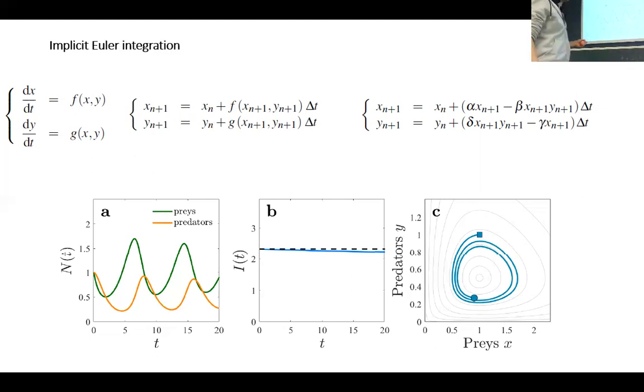And here what will happen is the opposite. It will go in the other direction, the population will increase and increase and increase. So again, we end up in an unstable solution numerically. Of course, this really depends on your choice of delta t. If your delta t is very small, you may not need to care about this, okay?